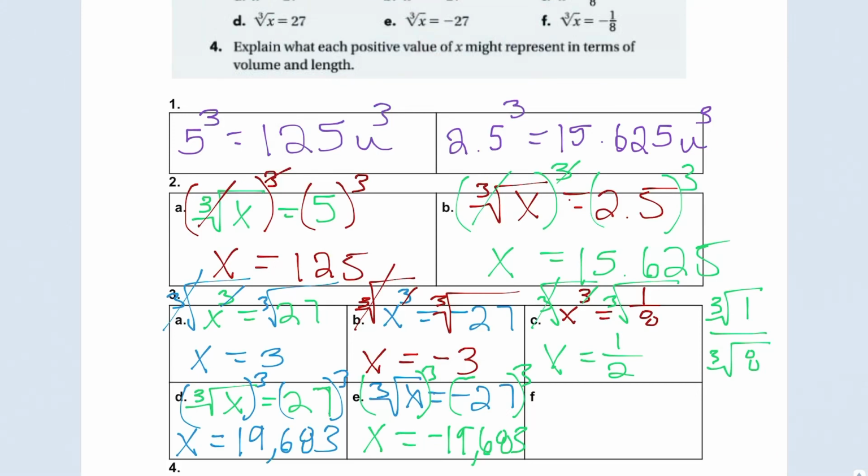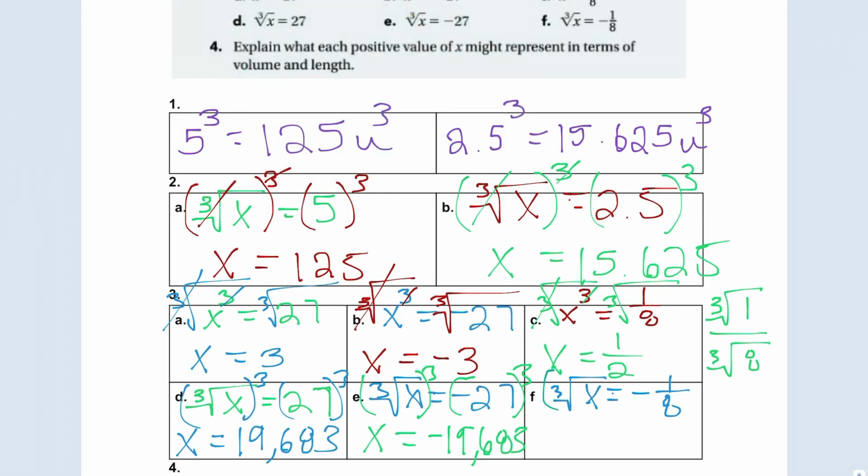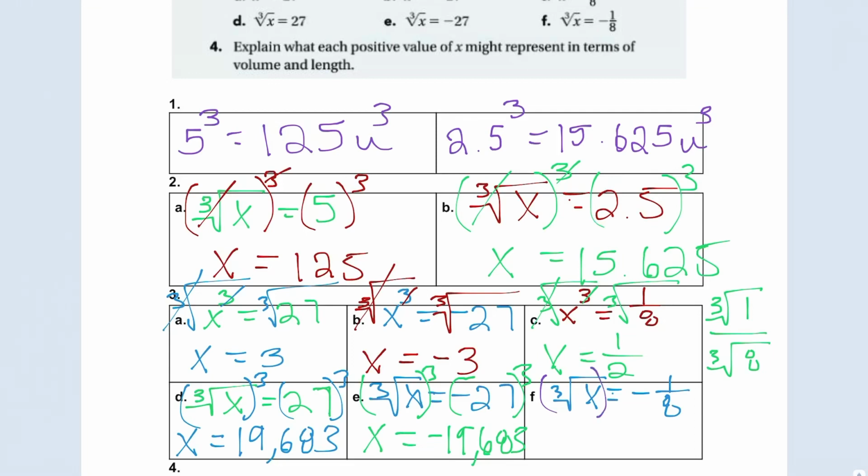Here we go. This is the cube root of x is equal to negative 1/8. Now nothing's changing. We're still taking the inverse operation of both sides, so we're going to cube both sides. So we're left with x on the left side.